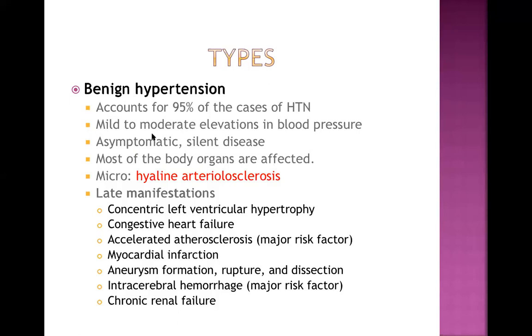In this condition, there is mild to moderate elevation in blood pressure. Usually, the diastolic blood pressure would remain lesser than 120. Many of the time this is an asymptomatic and silent disease. It doesn't produce many signs and symptoms. That's why it is an asymptomatic or silent condition.